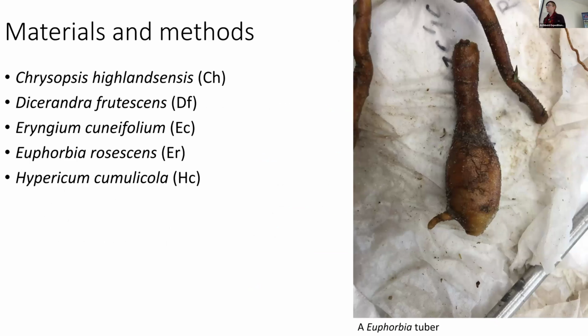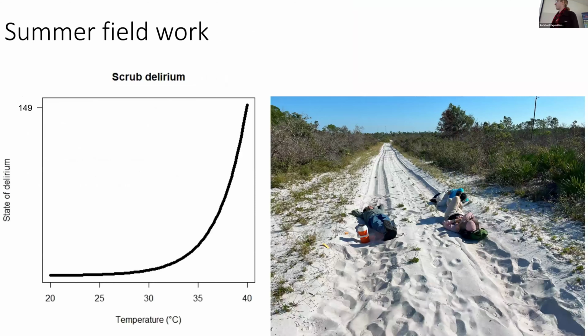So these are our 5 species. They're all rare scrub species. This here is a root of Euphorbia. We looked at their roots, we looked at their leaves, and we got these data: specific leaf area, specific root length, as well as a few other things that I'm not going to talk about too much today. We did this all in the summer.